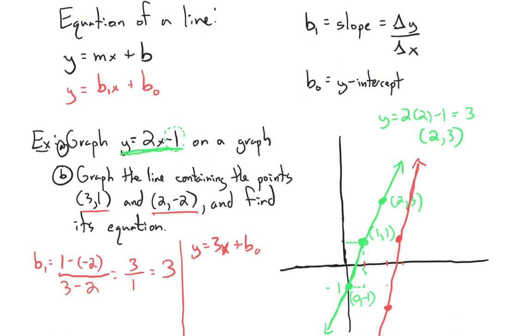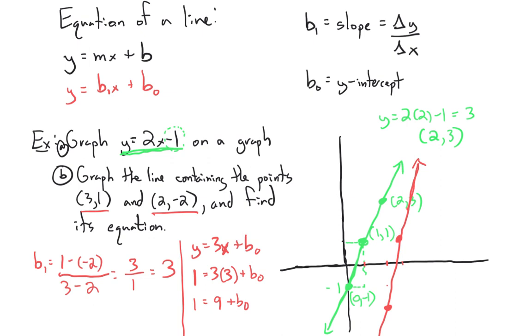So we know the y value is 1, and that equals 3 times our x value 3 plus b naught. And what do we get? We get 1 equals 9 plus b naught.